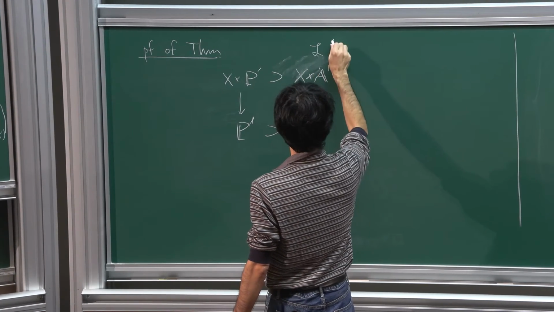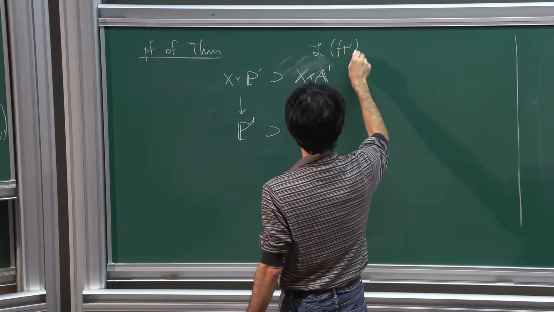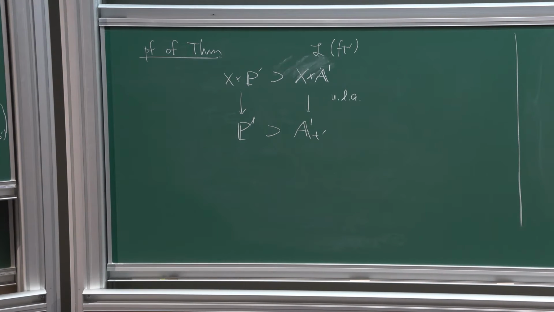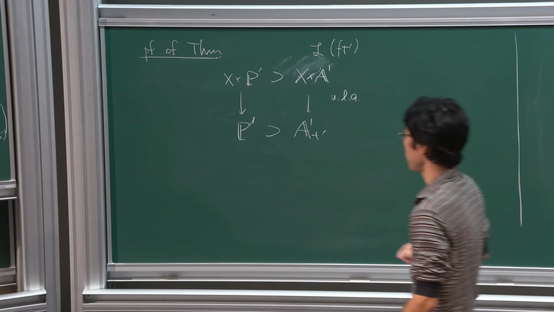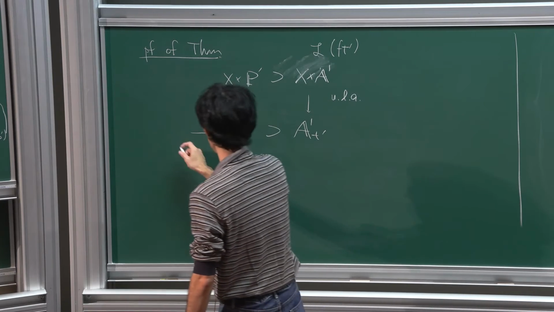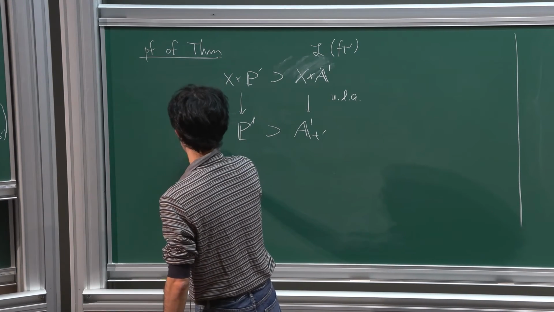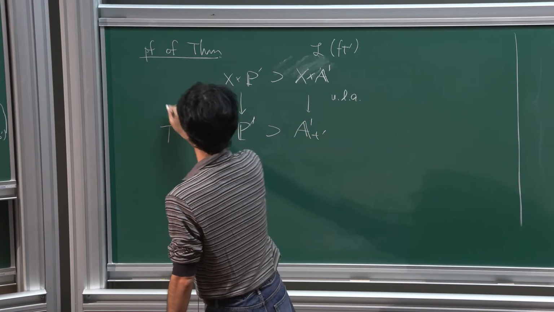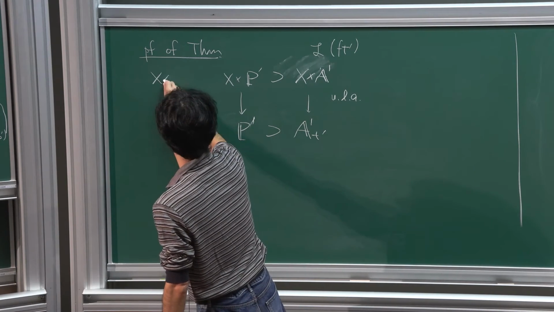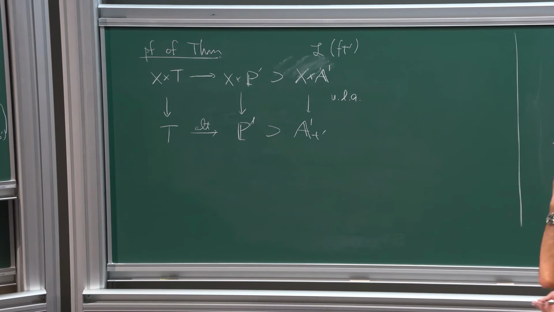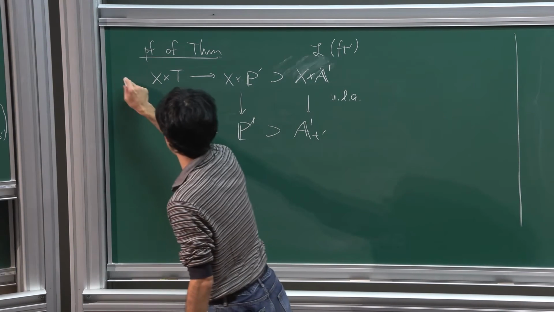Here, this is universally locally acyclic. Okay, so use this lemma to produce some alteration, but here it's just a curve, so it's just a finite morphism. Let's call it T. So that there exists some L tilde.